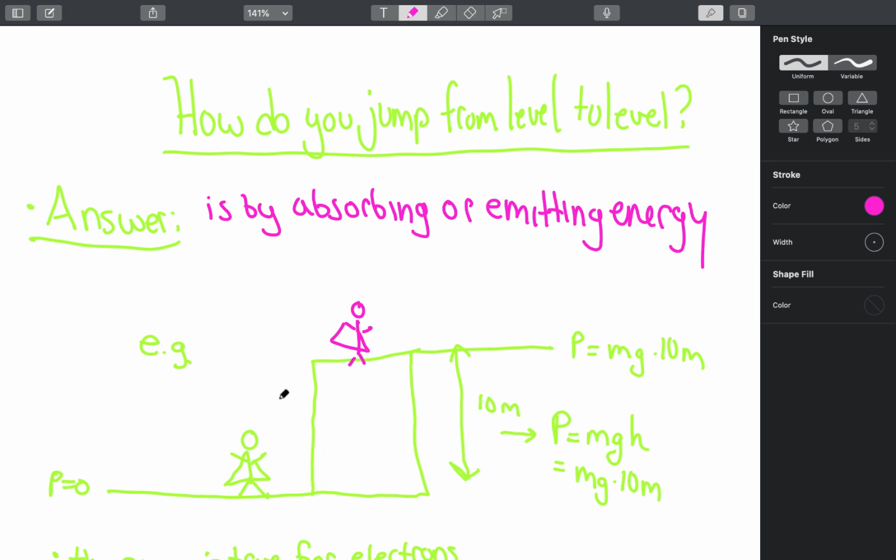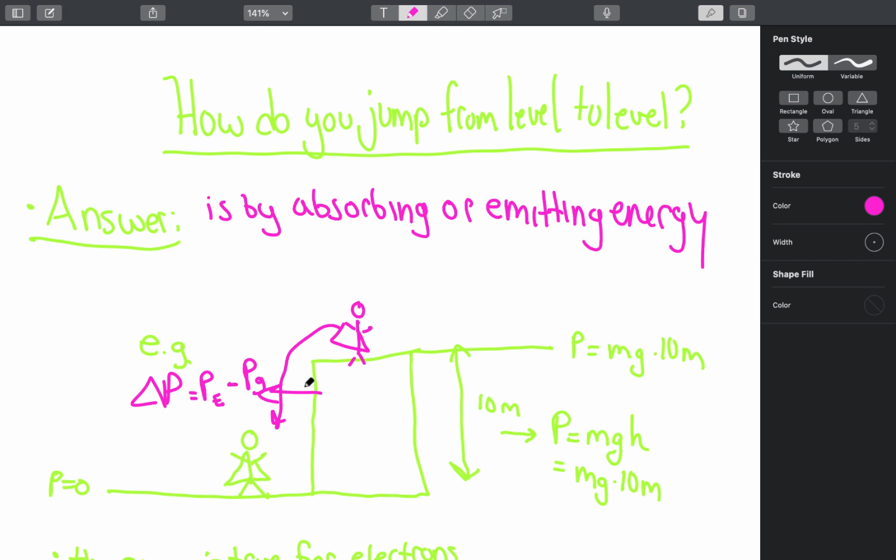And this certain amount of energy is equal to the difference in the potential energy between the ground state and the potential energy of the excited state. So the amount of energy he must absorb is equal to the difference between the excited state and the ground state in this case. Or if he wants to jump from the top to the bottom, the difference in energy would be the potential energy being emitted from him.